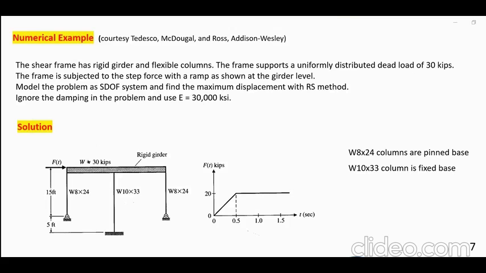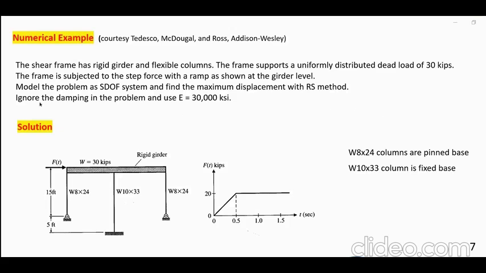So the floor, or the roof, has a dead load of 30 kips. This is what I wanted to remind you. Kips means 1,000 pounds, so 30,000 pounds. That's what this means.